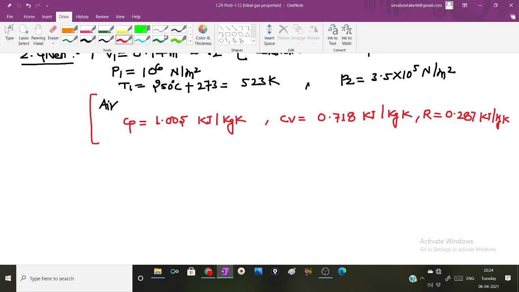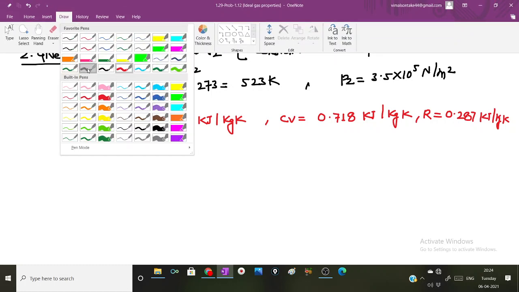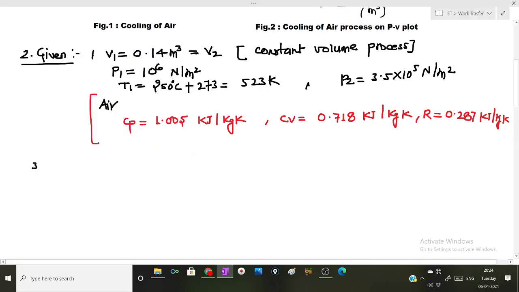Now, after listing all the given things, let us make an assumption. We can assume here a non-flow process. That means whatever system we have considered is a closed system.